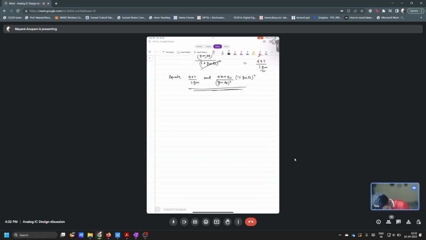So the question was this, right? This was RD, this was VDD, and you have this MOSFET. I am focusing on the noise due to M0, so I will be grounding everything here. So this is the noise source, correct?